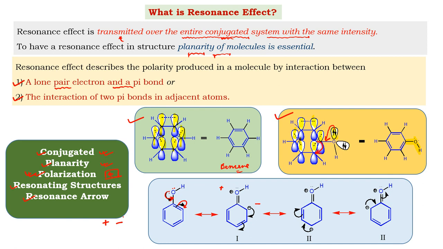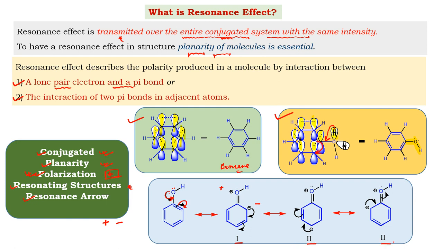So the resonance effect is a polarization in a pi system, and this leads to the formation of poles. This system operates throughout the pi bonding, and we need to understand that. What is the meaning of the resonating structure? As you are seeing over here, when we write the resonating structures of phenol, we get the first, second, and third structure. What is the meaning of this?